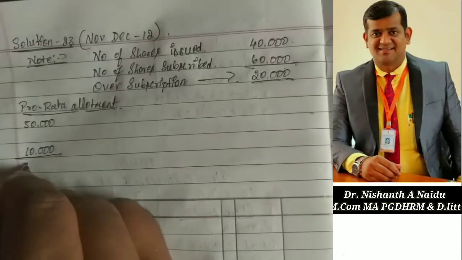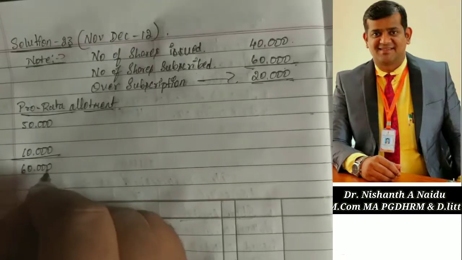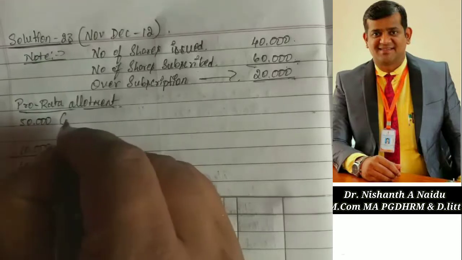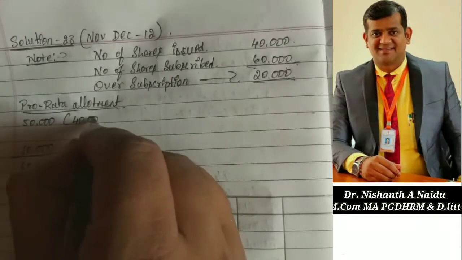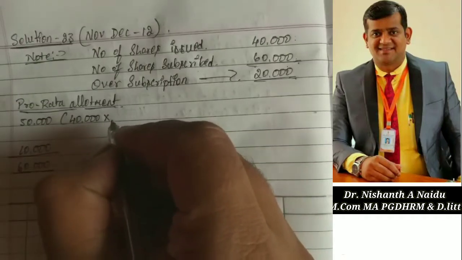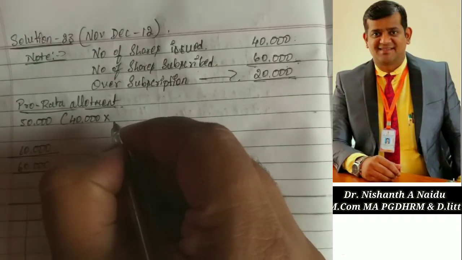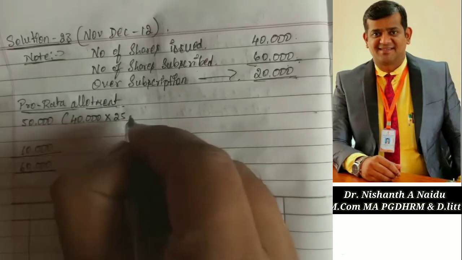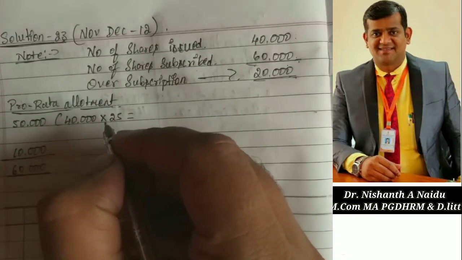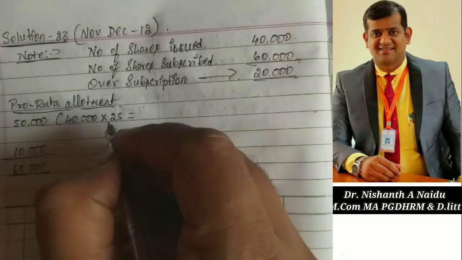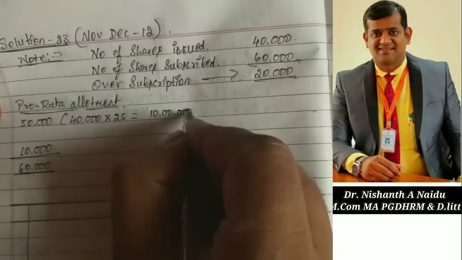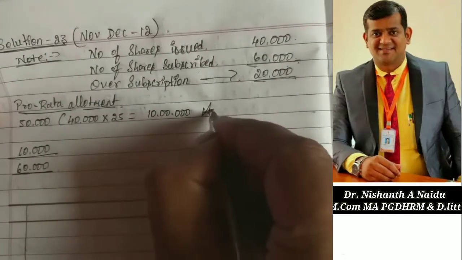So total 60,000 shares were applied for by the public. Out of this, 40,000 shares' application money is transferred to the capital account. That is 40,000 into 25 on application. Now calculate 40,000 into 25. That comes to 10 lakh rupees. So this is application.